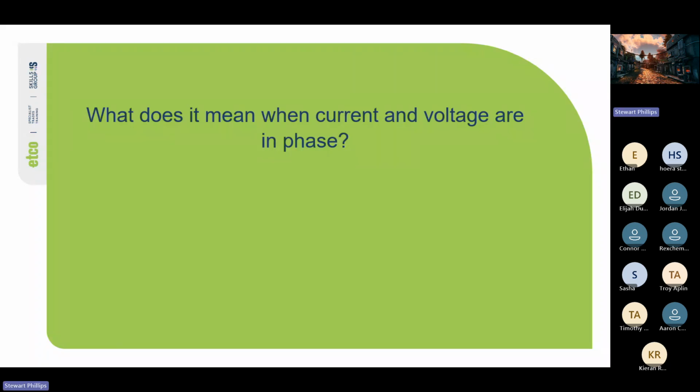Cool. So what does it mean when current and voltage are in phase? Yep, so we have resonance, current and voltage rise and fall at the same time.